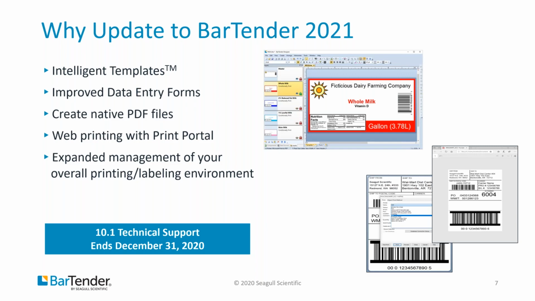BarTender 2021 allows you to create PDFs without any third-party driver. You can also remotely print from any web browser, from any laptop, PC, or device, iOS or Android phone, with the new Print Portal. And we've also made designing data entry forms in BarTender much easier and more intuitive, including easier database record and printer selection directly in the forms themselves.